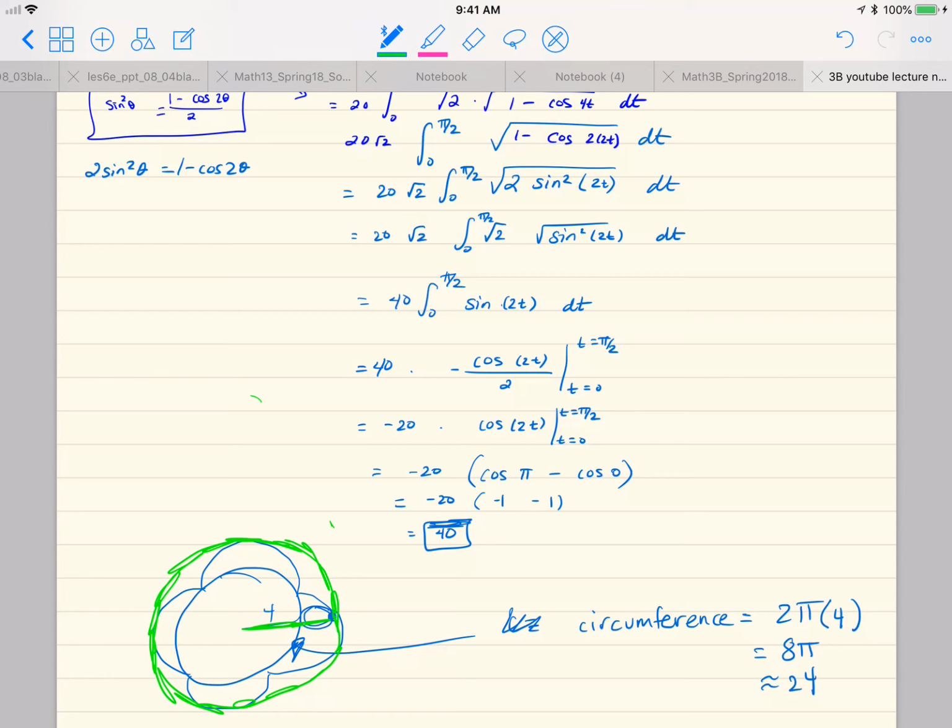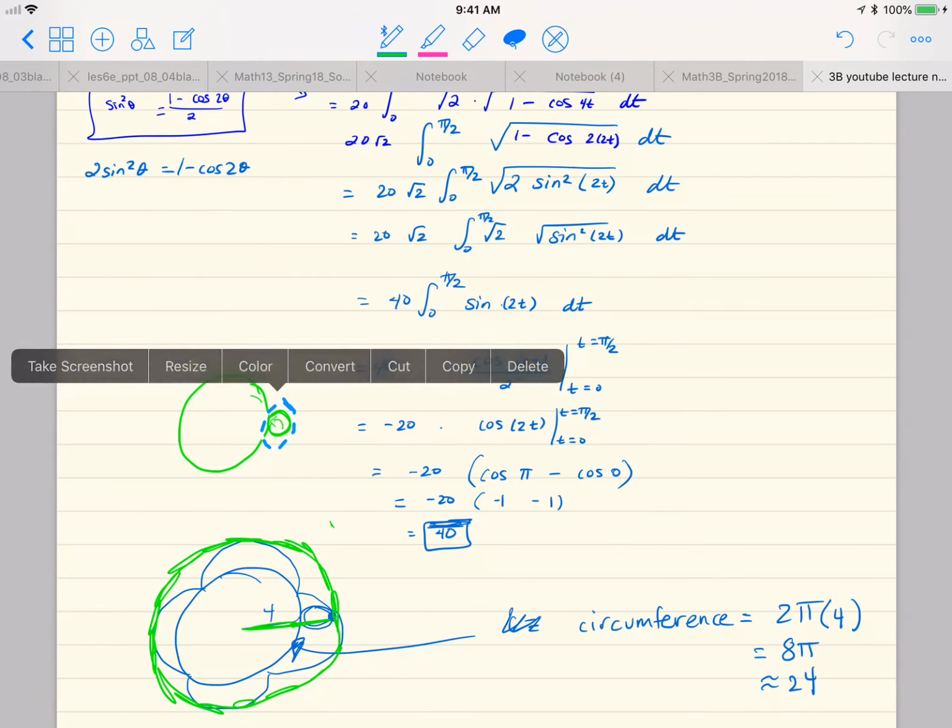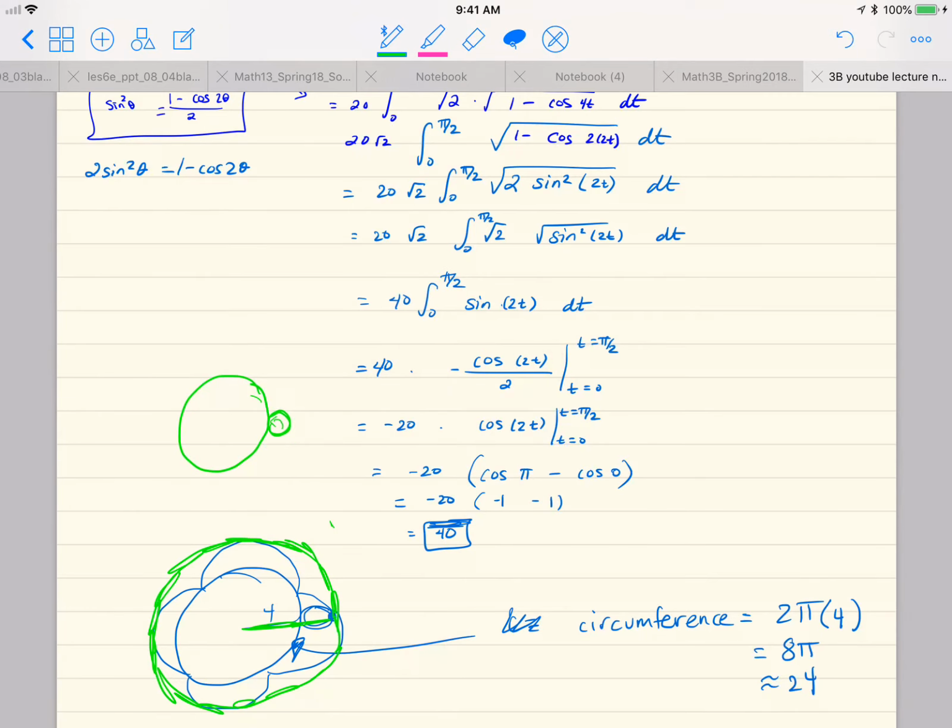What I want to say is imagine that you take the circle, and instead of rotating the inner circle, you just shift it, shift it, shift it. What you would end up with is that same point moving, and how far would it travel? It would travel the circumference of this larger circle.